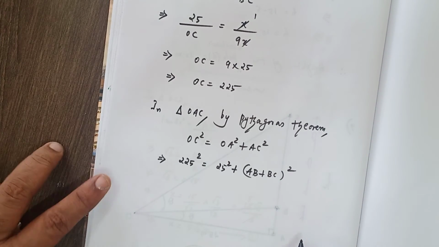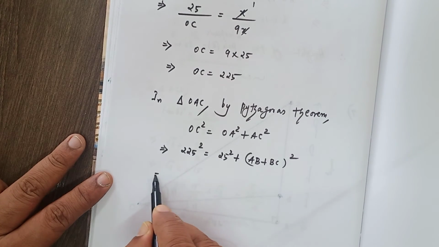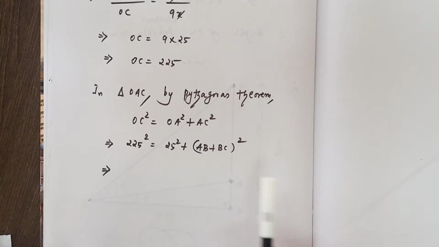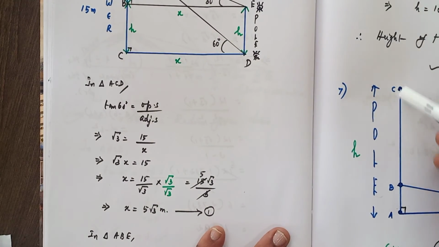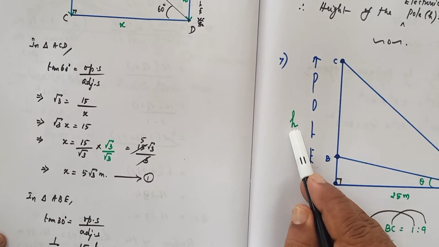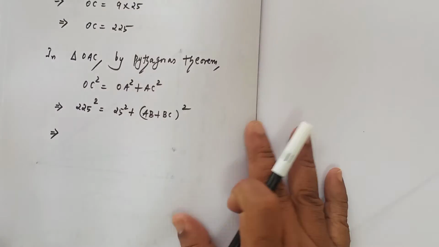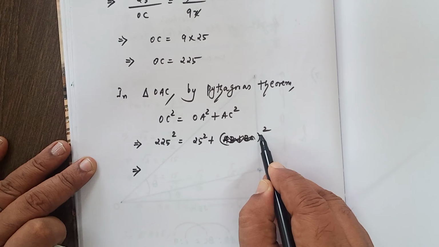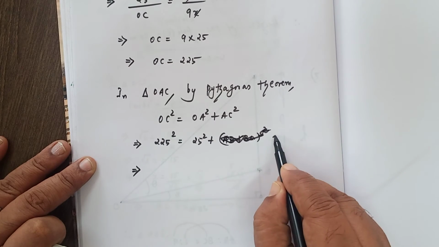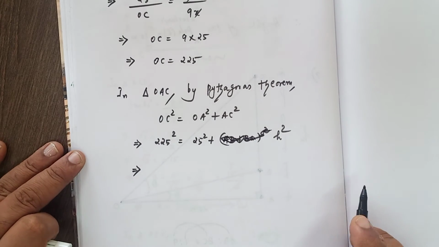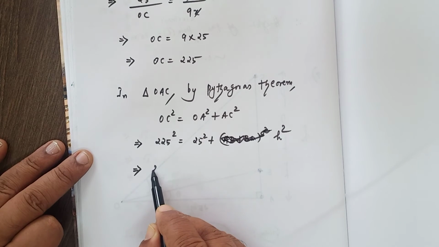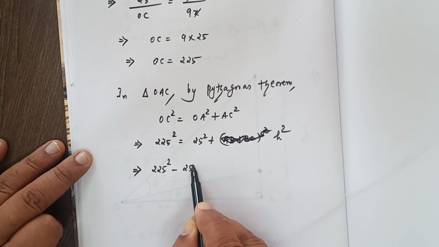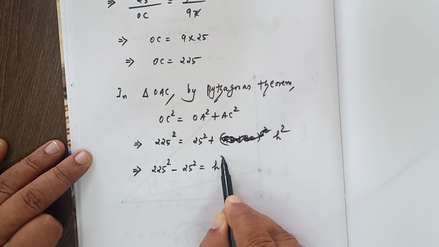The whole square, which implies, here we considered AC as the height of the pole, we consider as h. So instead of AC square you can write h square. It's not necessary, you just write h square. Now 225 square, this 25 square comes to the left hand side, minus 25 square, is equal to h square.